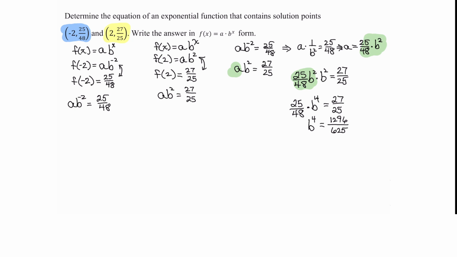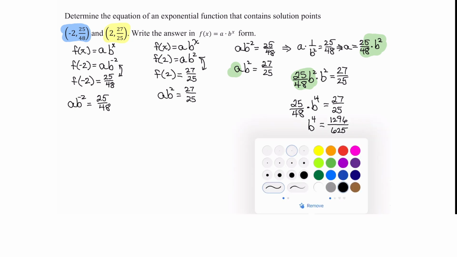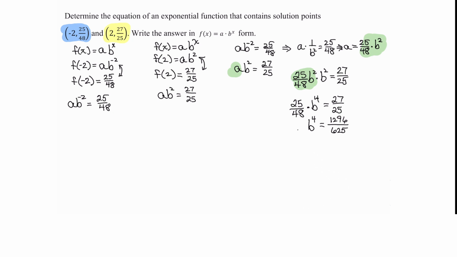Now we want to take the 4th root of both sides to solve for b. And remember, when we do that, we have to remember the plus or minus. So our b is equal to plus or minus 6/5.